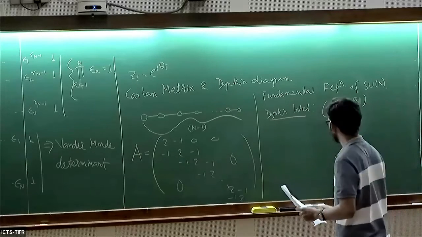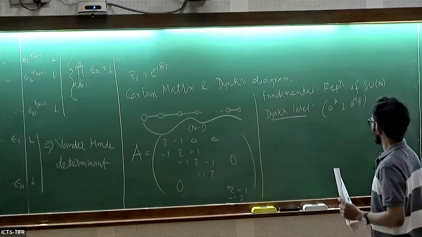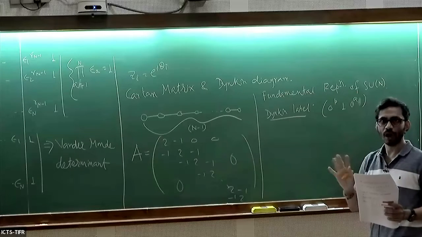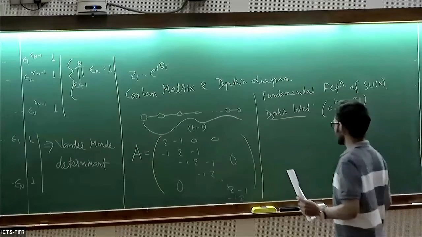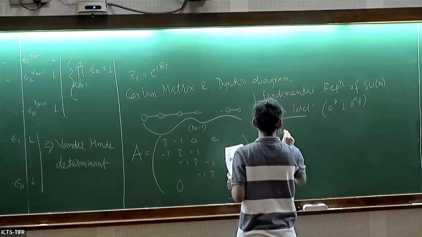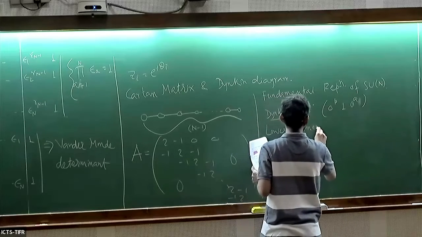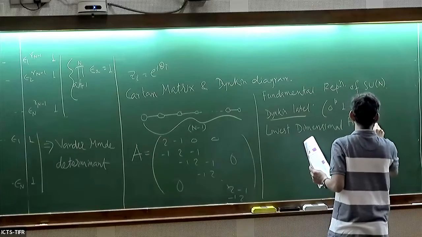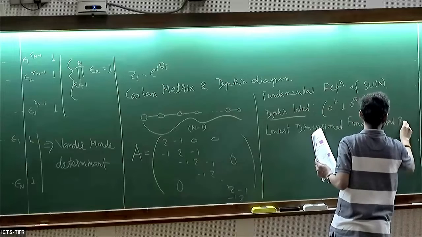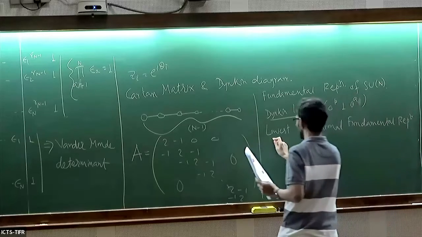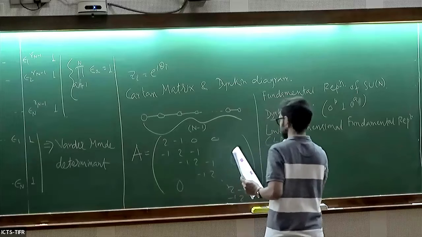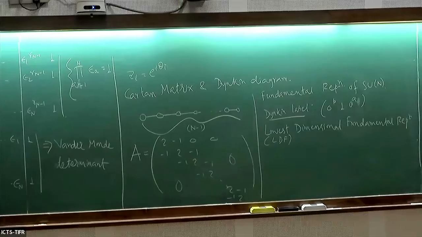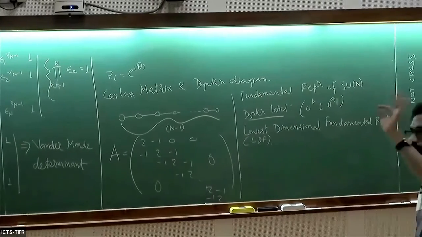Okay. So instead of all these n minus 1 fundamental representations, the one which is of our interest is the lowest dimensional fundamental representation, which we call LDF. Among these fundamental representations, we look for the one which has the lowest dimension.